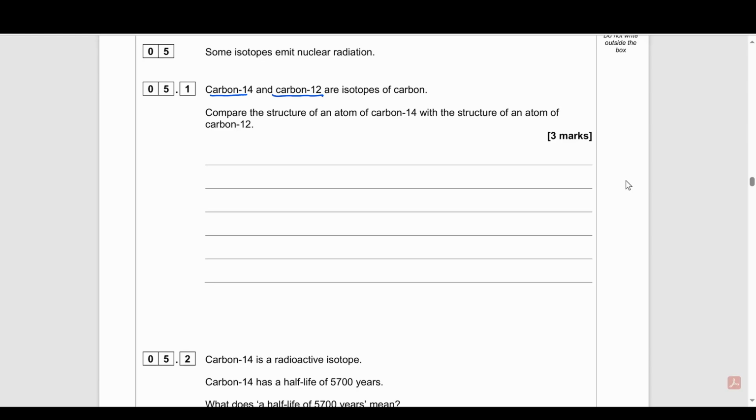So what you need to do is you need to make sure that you understand what this number means next to an element. These numbers represent the mass number. And the mass number means the number of protons and neutrons in an atom.